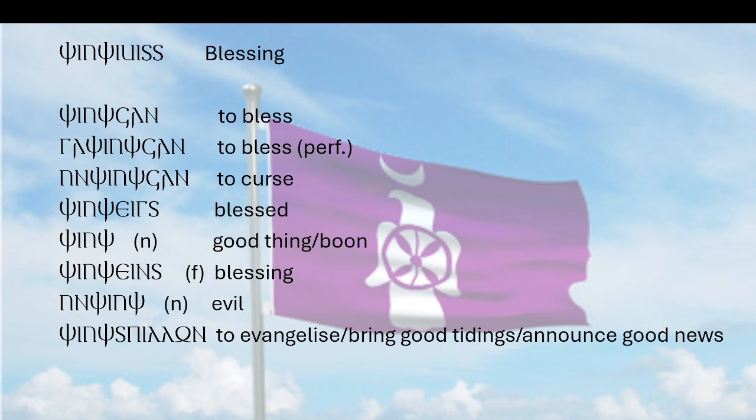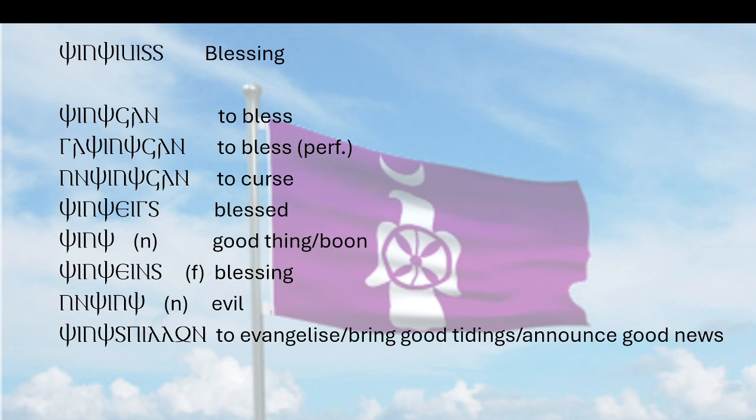If you have remembered when we were talking about the prefix ga in our last lesson, you would know that the prefix ga gives the verb a meaning of perfection, so a signification of the action being done.